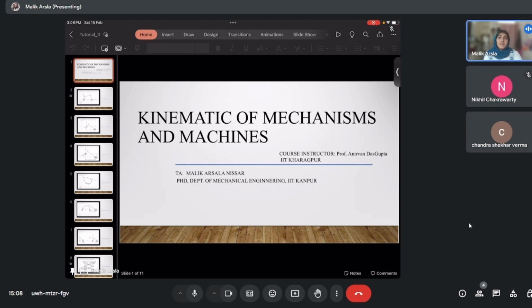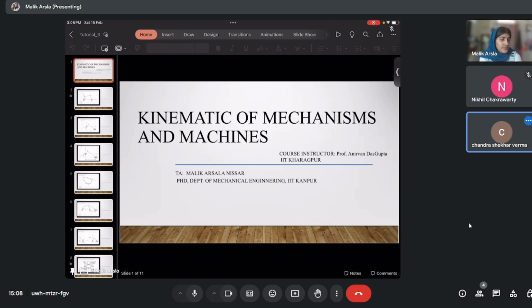No, basically, the actuator is itself the input link mostly. So the input motion is given, and we have to find the output motion. It can be a link or whatever. And in inverse, we are given the output motion, and we have to find the input angles or whatever kind of motion it is. Okay.